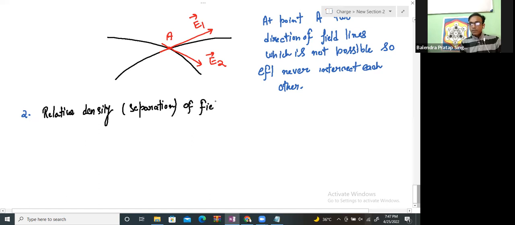Separation of field lines gives the strength of the electric field.